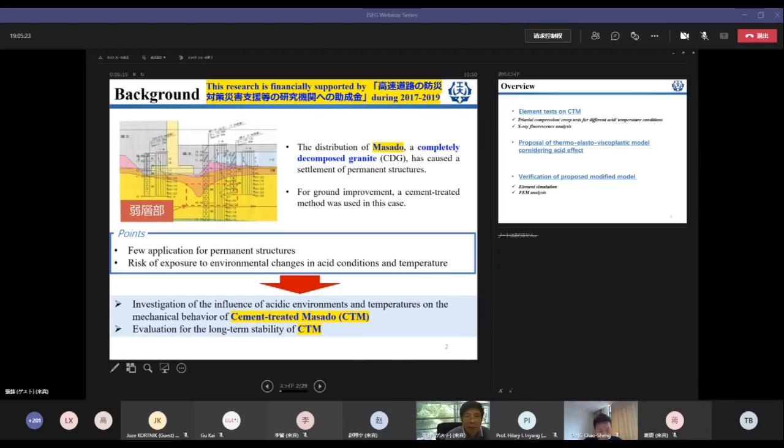In Japan, we have some application cases of cement treated soils in the reinforcement of soft ground for temporary structures, but not for permanent structures. However, this time we have to choose this one for a permanent structure. So long-term stability of such kind of treatment should be discussed in detail.